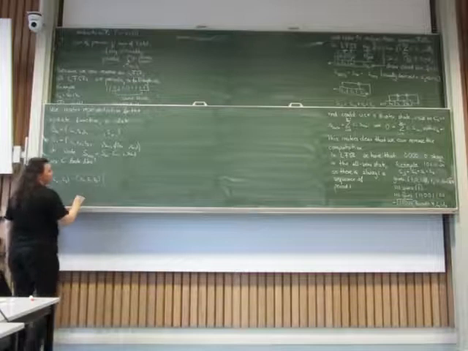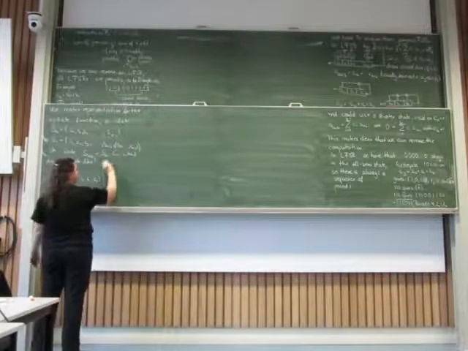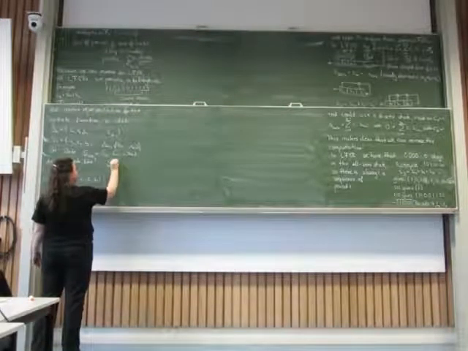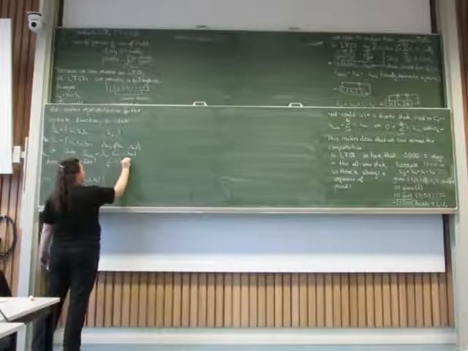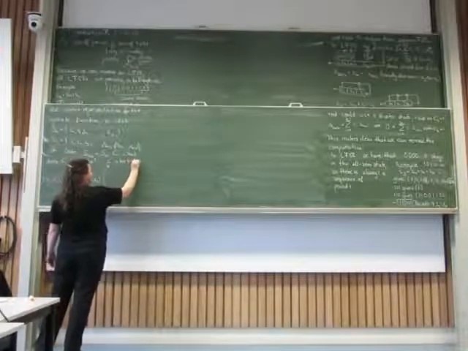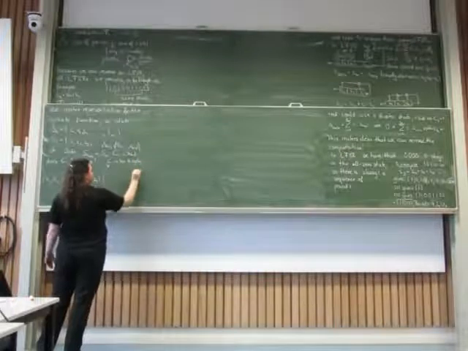So this must be a 3 by 3 matrix. In general, C is a k by k matrix.